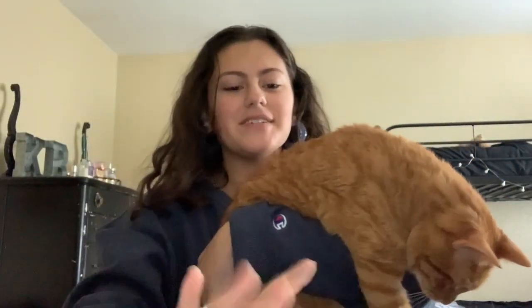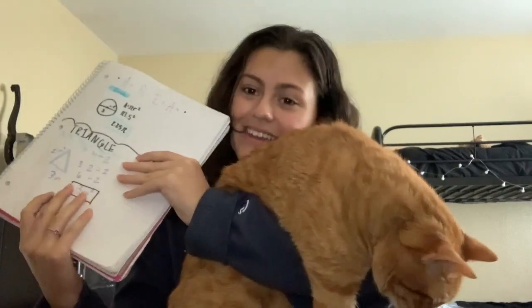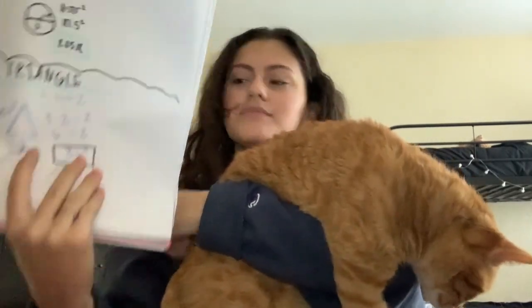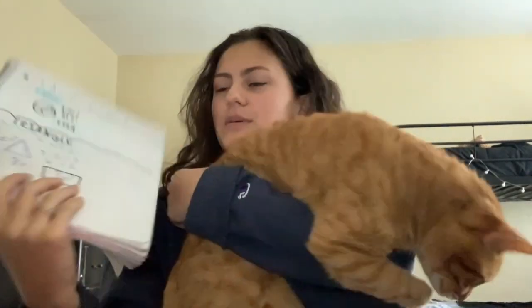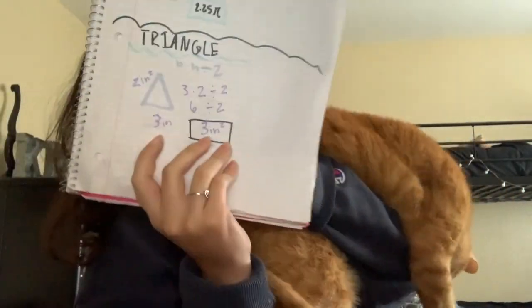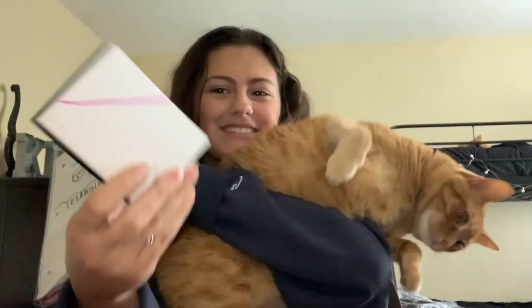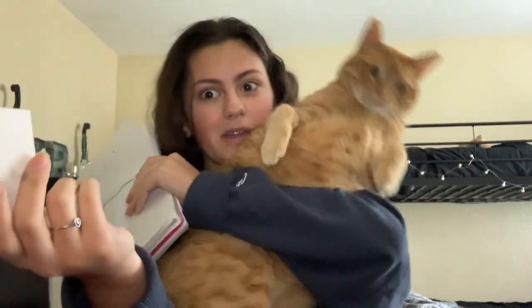Okay, so now we're going to be talking about area of a triangle. In the area of a triangle, you have to remember that the formula is base times height divided by 2. And so what I used for my triangle is I used this box and I measured it with my ruler.